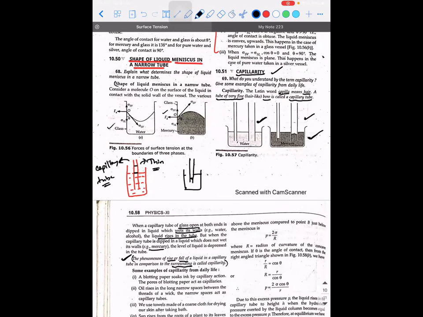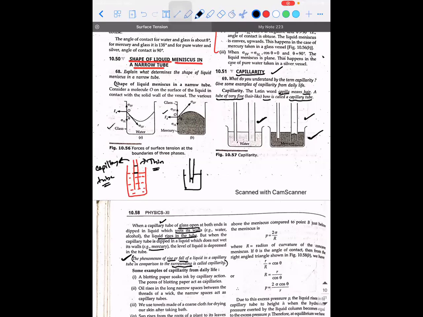I'll tell you other examples of where this is applicable. Are you guys able to understand this? Yes, sir. Right? Okay. So this is the first phenomenon that is observed when we use a capillary tube.